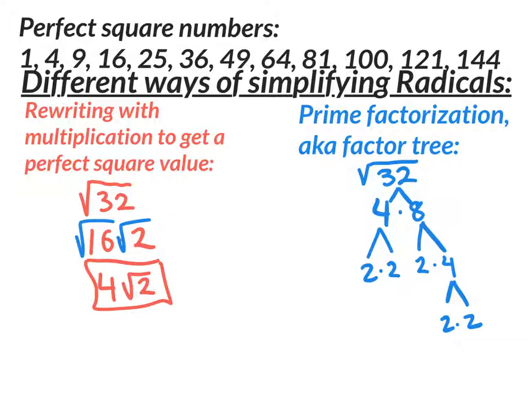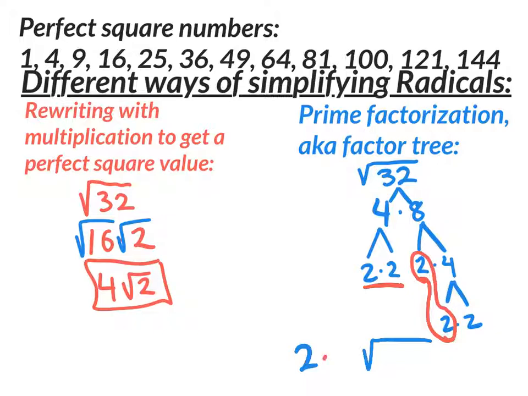Now, when you look at the prime factorization, anything that pairs up will ultimately go out of the square root. So right here we have a pair of 2's, which means that on your answer, you're going to have one single 2 on the outside. Okay? And then we have another pair of 2's right here, this 2 and this 2.